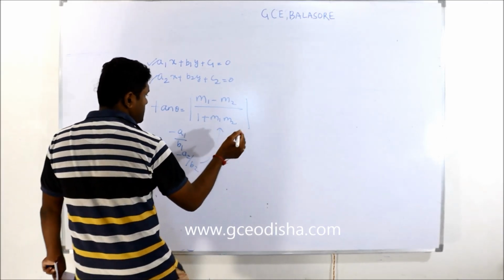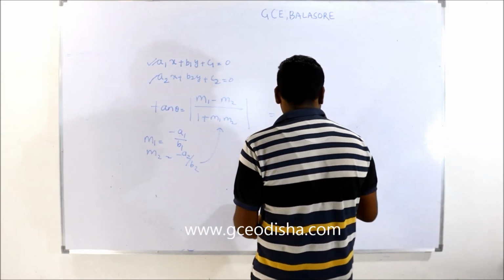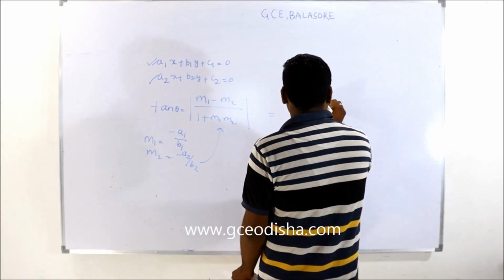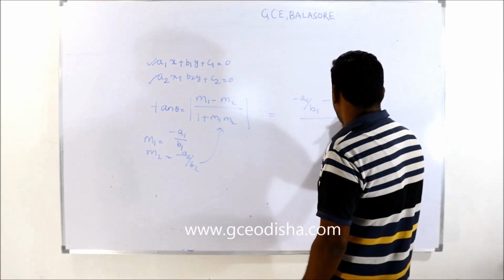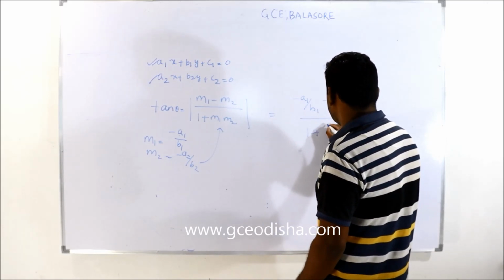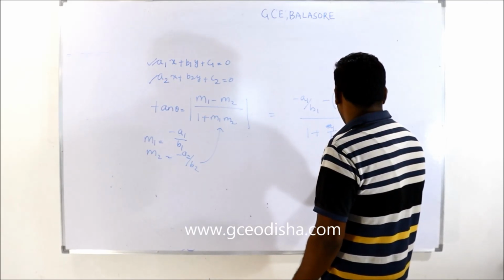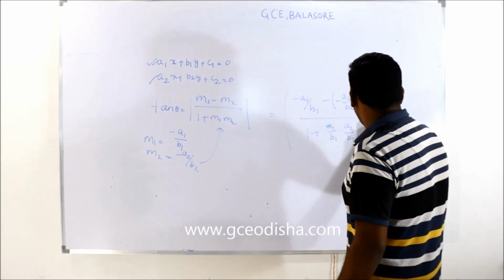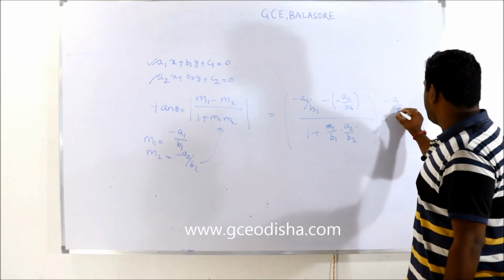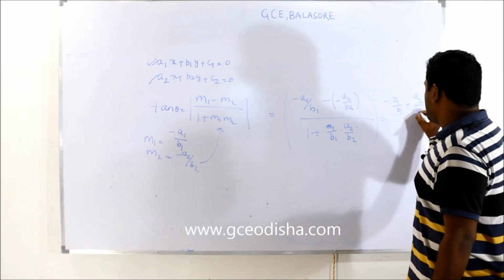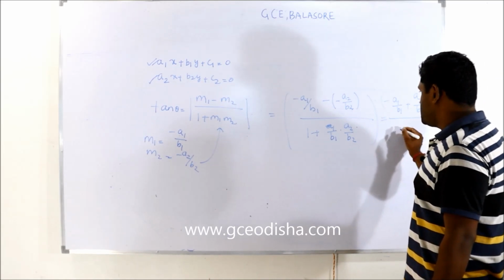Just put here minus a1 by b1 minus of minus a2 by b2, whole divided by 1 plus a1 by b1 into a2 by b2. Okay, and when you solve this, minus minus is plus, so minus a1 by b1 plus a2 by b2. And how much will this come?